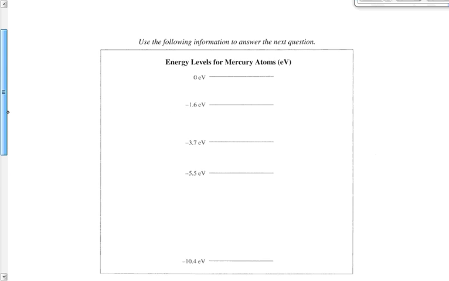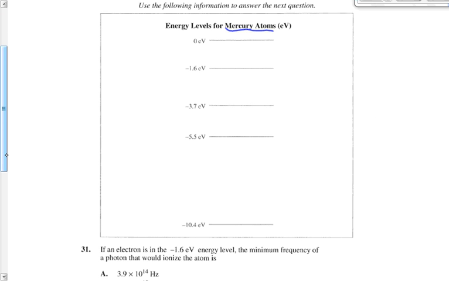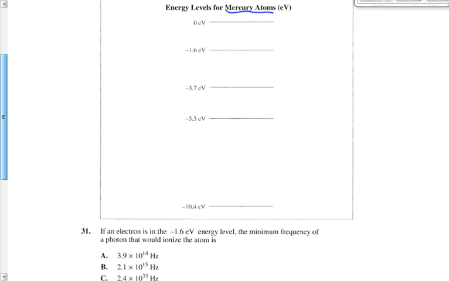Everyone, hey, look, electron level diagram for mercury in electron volts. Notice the numbers are negative. Notice they're getting bigger as they get closer down to the nucleus. Notice that they're not evenly spaced. They never will be. Electron on the minus 1.6 level, so the electron is right here. The minimum frequency to ionize it would be what?